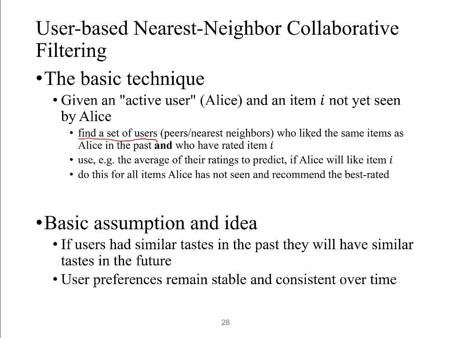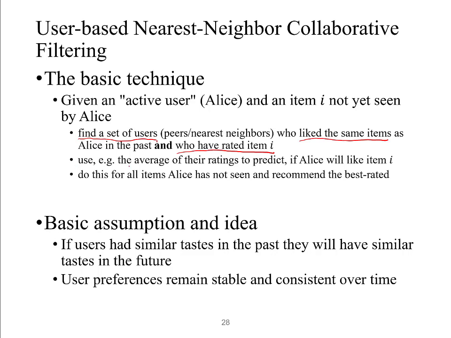One is they liked the same items as Alice, and the second is they have rated item I. Otherwise, we cannot get enough information regarding item I.